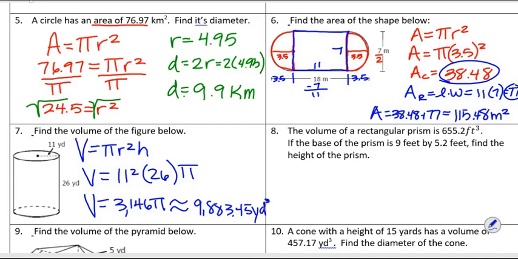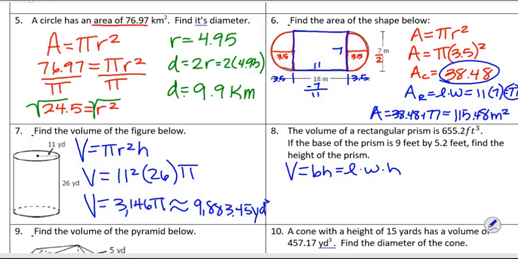Number 8 says the volume of a rectangular prism is 655.2 feet cubed. If the base of the prism is 9 feet by 5.2 feet, find the height of the prism. So the formula for the volume of a prism is base times height, and in this case our base is the length times the width, and then we multiply that by our height.